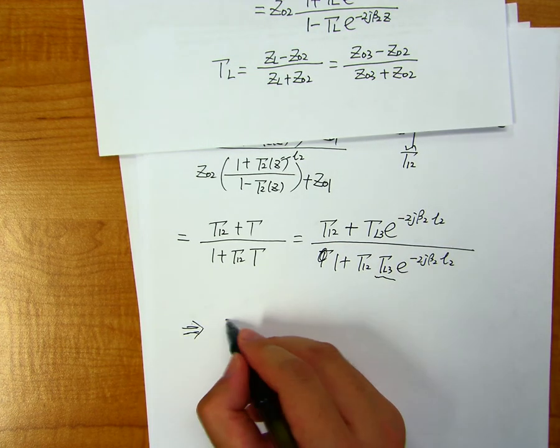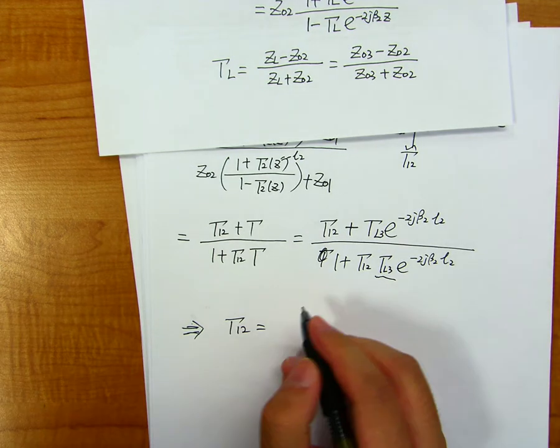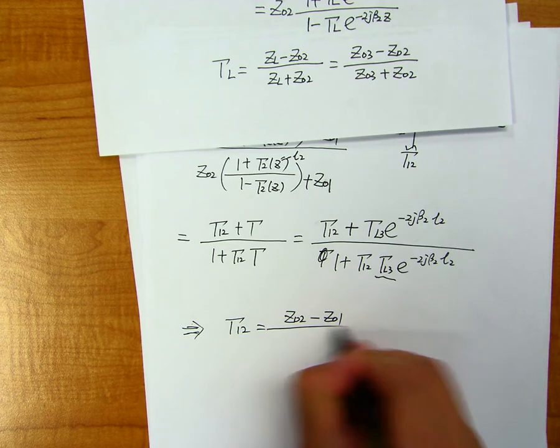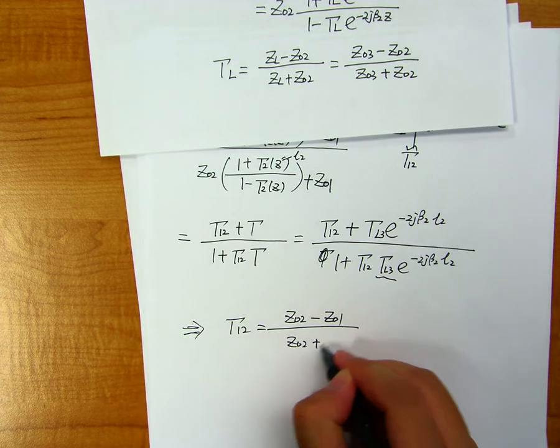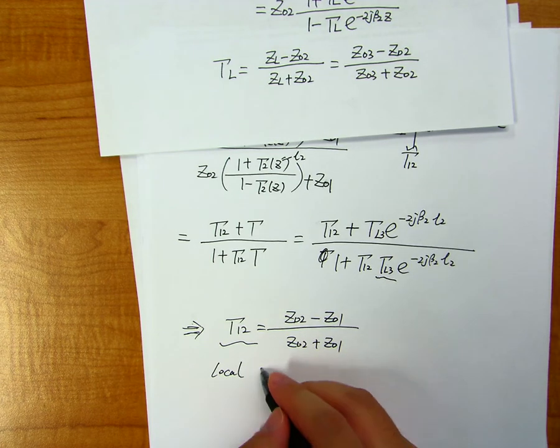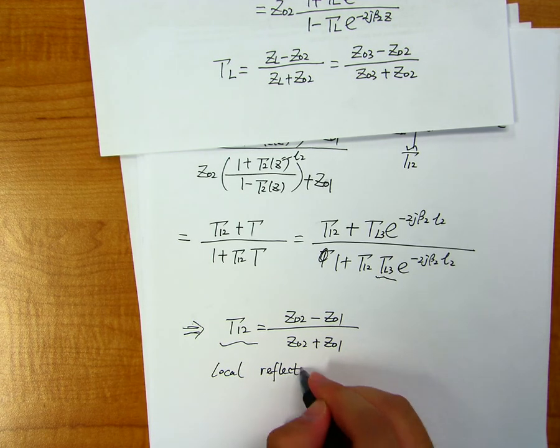In this expression, gamma_12 is equal to (Z02 minus Z01) over (Z02 plus Z01), and this is called the local reflection coefficient.